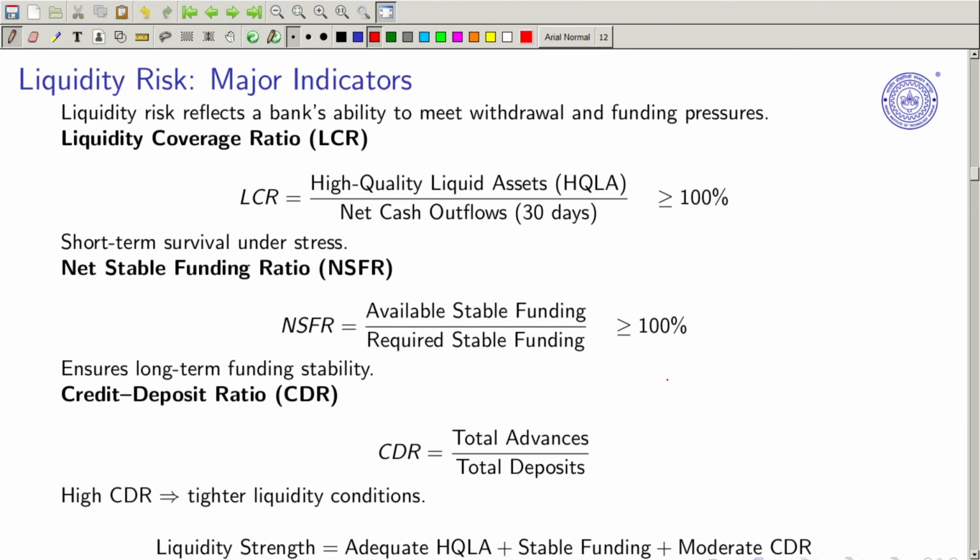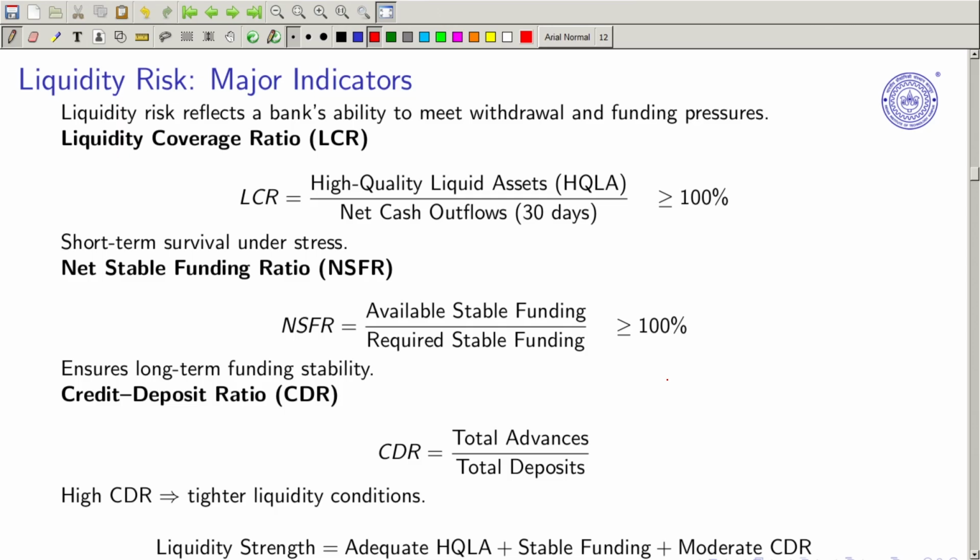So let's think in terms of liquidity risk. First is the liquidity coverage ratio. What do we include? Here we include the high quality liquid assets, right? So HQLA we say, and net cash outflow means how much you have lent, or whatever the purpose for which the money has gone out.